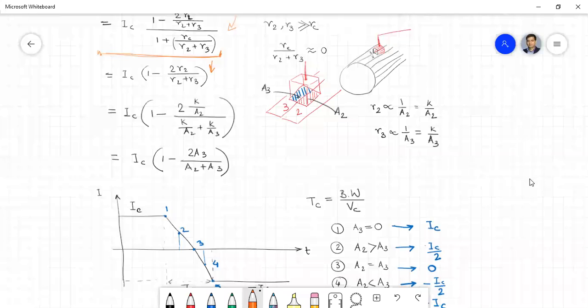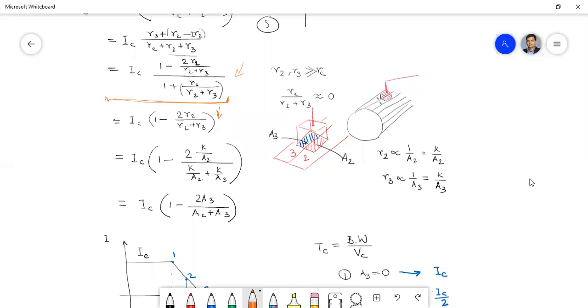What about the denominator? Any idea? If we consider the coil resistance, in that case, what will be the change in this coil current expression? Anybody?